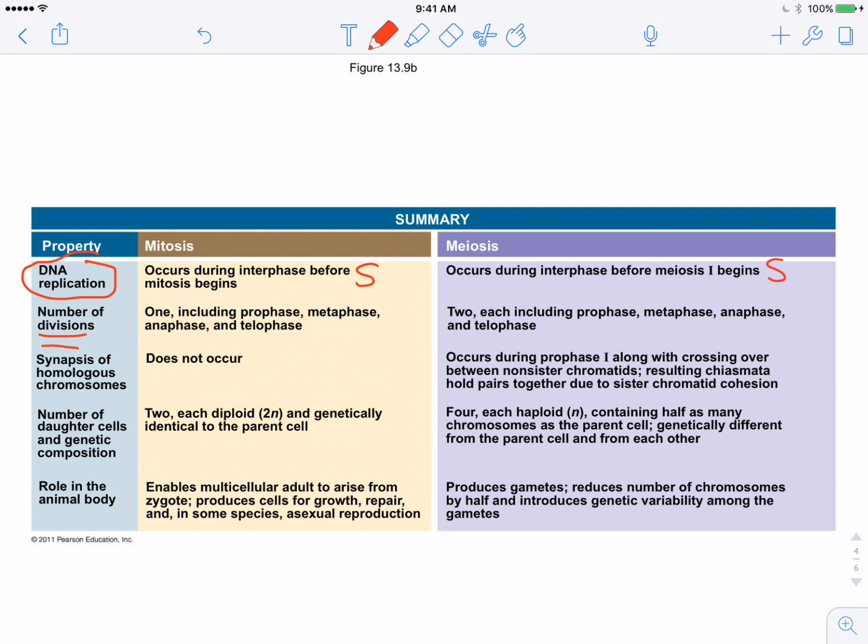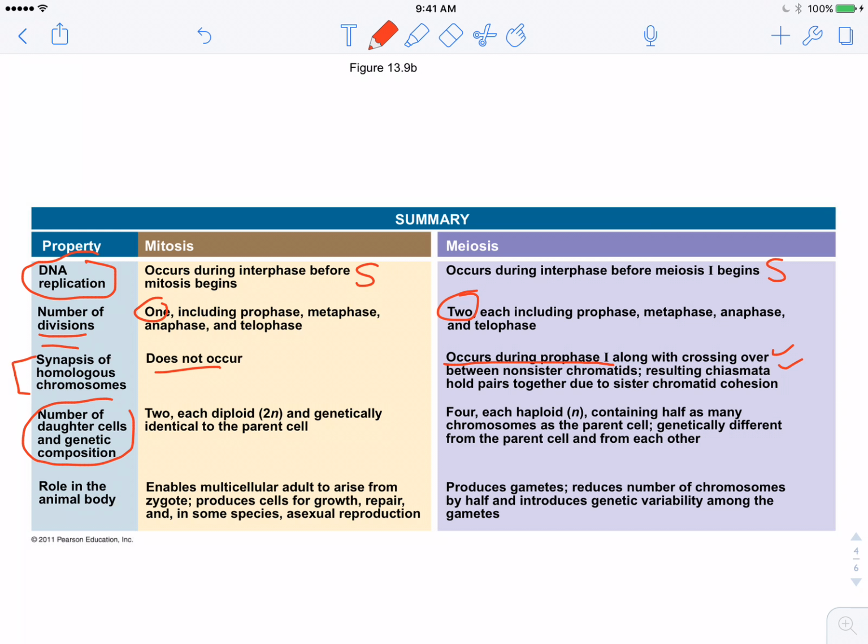Number of divisions, there's 1 cell division in mitosis and 2 divisions in meiosis, and each include the 4 main phases. Synapsis of homologous chromosomes does not occur during mitosis, and in meiosis it occurs during prophase 1 and is accompanied with crossing over between non-sister chromatids, resulting in chiasmata that hold the homologs together.